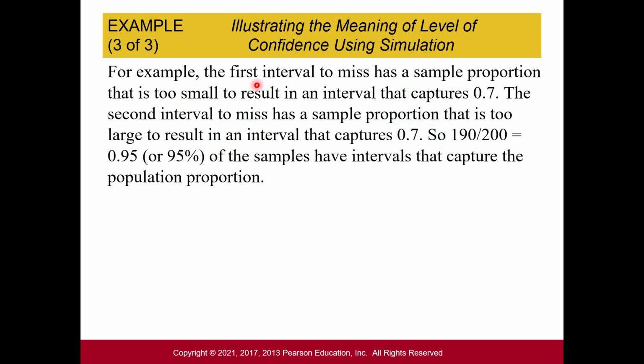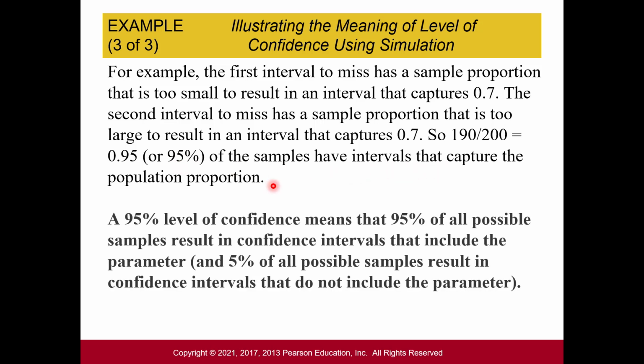For example, the first interval to miss has a sample proportion that is too small to result in an interval that captures 0.7. The second interval to miss has a sample proportion that's too large. That's to the right; the too small was to the left. And so 190 out of the 200 samples, which equals our 0.95, or 95% of the samples, have intervals that capture the population proportion.